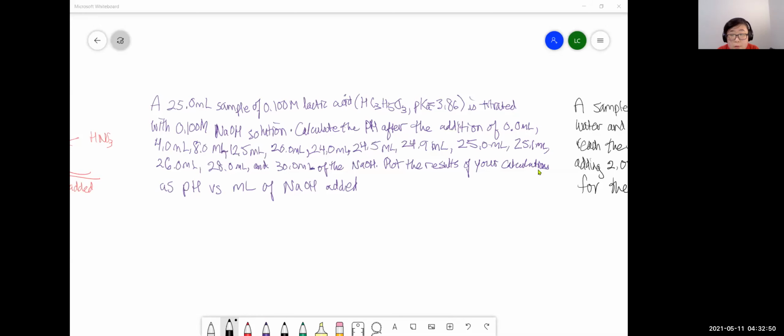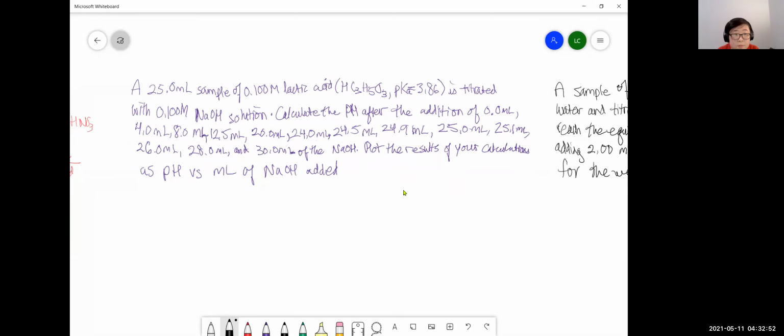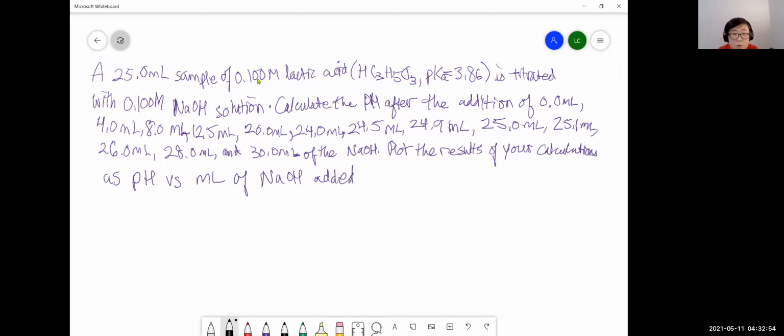Okay, here are the last problems. A 25 milliliter sample of a 0.100 molar lactic acid, HC3H5O3, pKa of 3.86, is titrated with 0.100 molar NaOH solution.